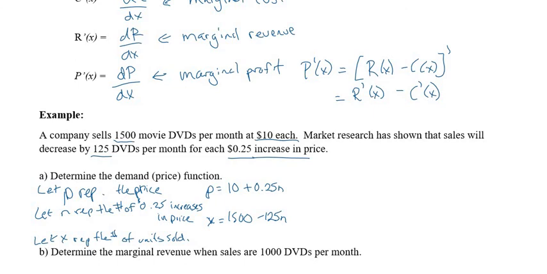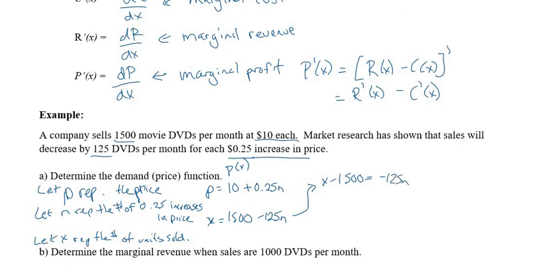So now our goal is we want to find P in terms of X. So what we're going to do is use a little bit of substitution, and get rid of that N, and leave it with just P's and X's. So let's take our X expression and rewrite it so that the N is by itself. So that's going to be X minus 1,500 is equal to negative 125N.